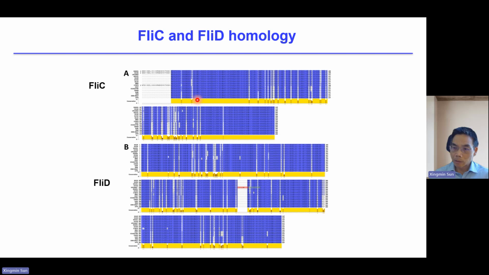As you can see, FliC and FliD are pretty much conserved. The blue regions are the conserved sequences. Only the white regions are different between the different strains.